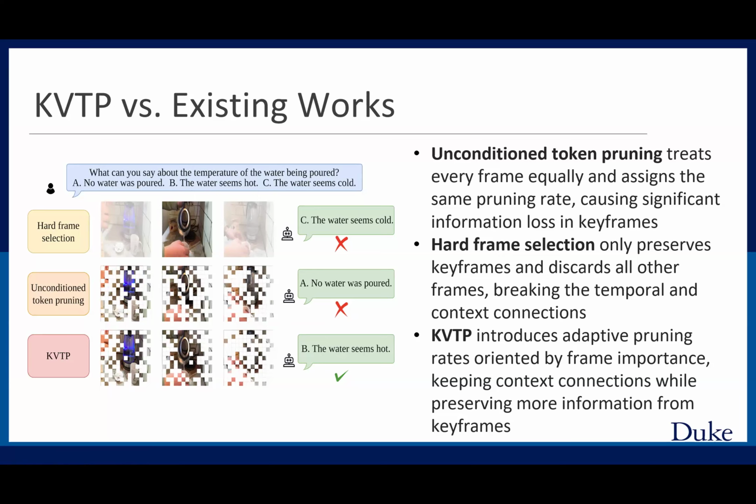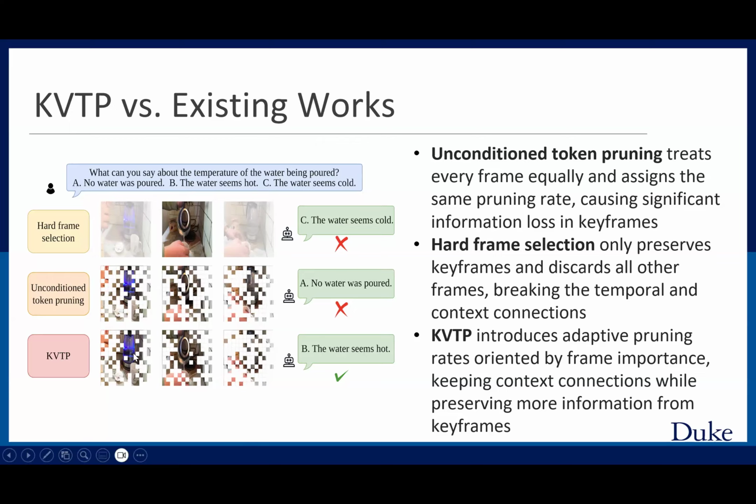So the KVTP we proposed introduces adaptive pruning rates based on relevance to the query content. Essentially, we apply different, adaptive pruning rates on different frames, and you can imagine for those frames that are not necessary, in fact, 100% can be removed.